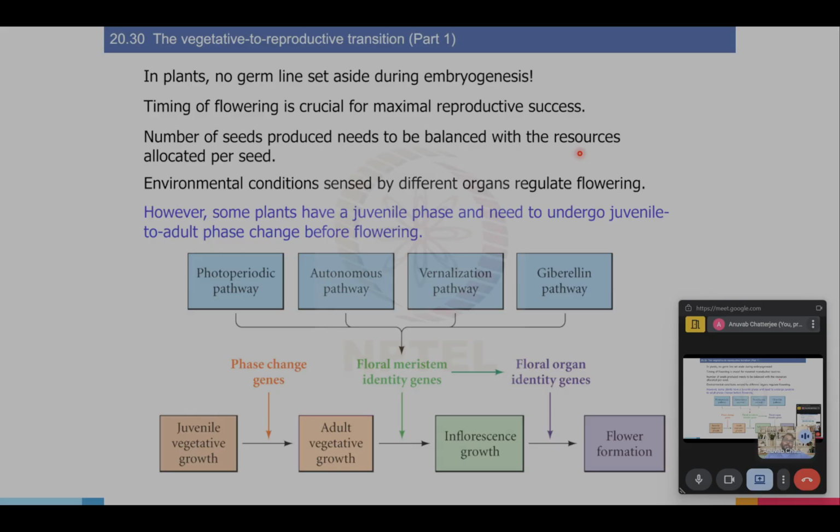So it is not specialized cells that do it, but cells at a later time point can give rise to these particular reproductive organs. And how many seeds the plant is planning to form depends on a lot of things. The fruits it will form, the endosperm, and how many seeds it will form depend on the resources the mother plant has on hand.